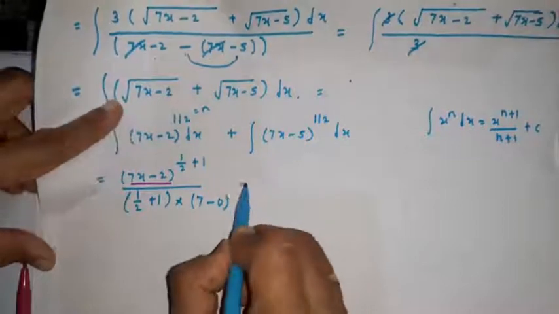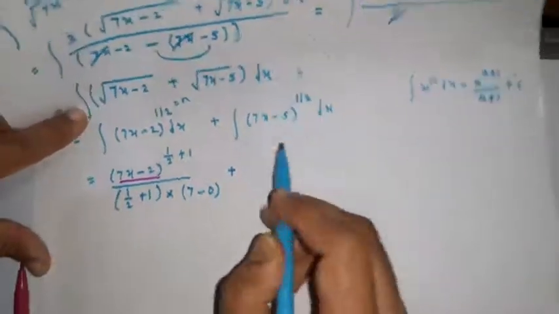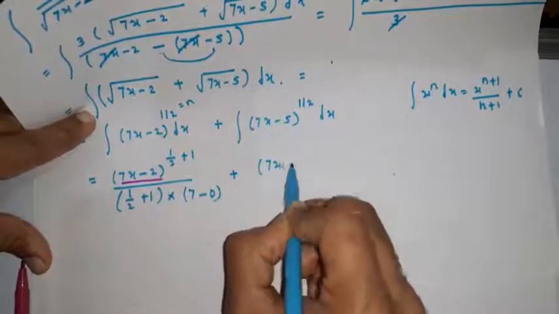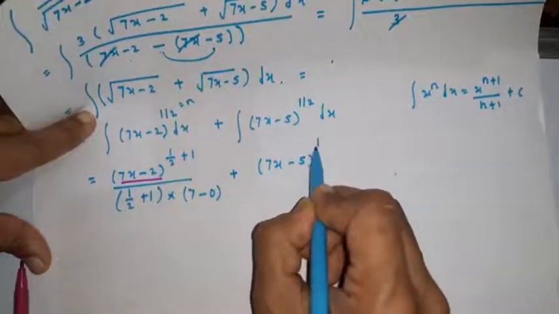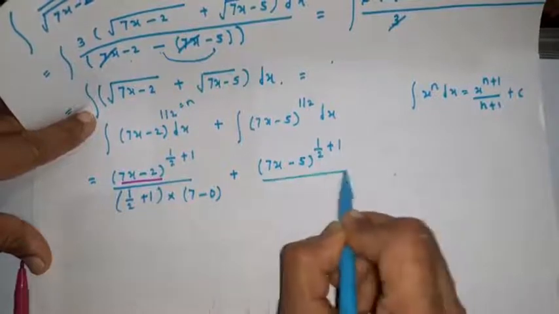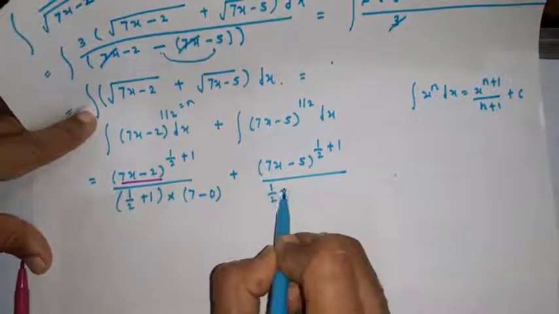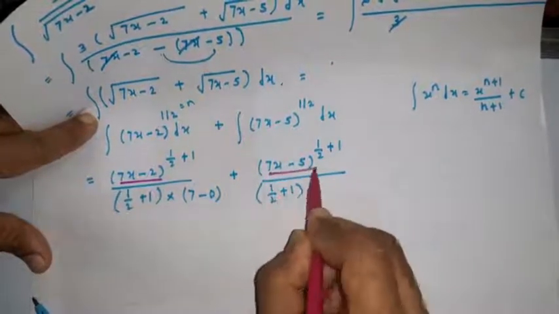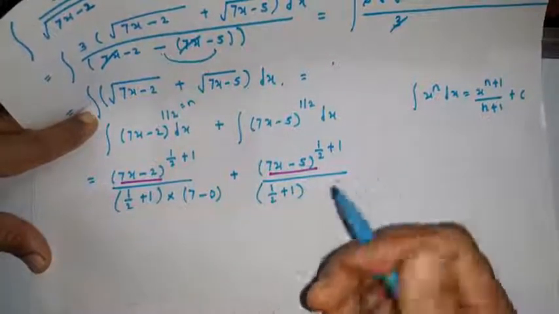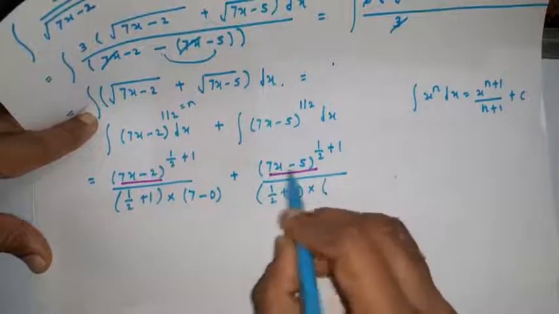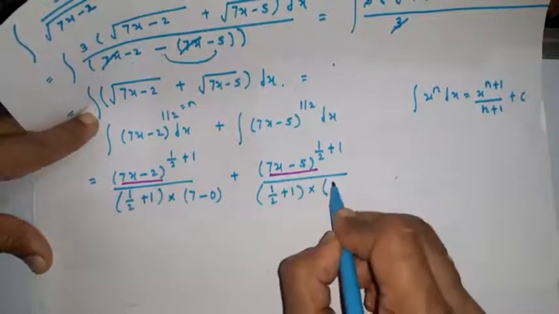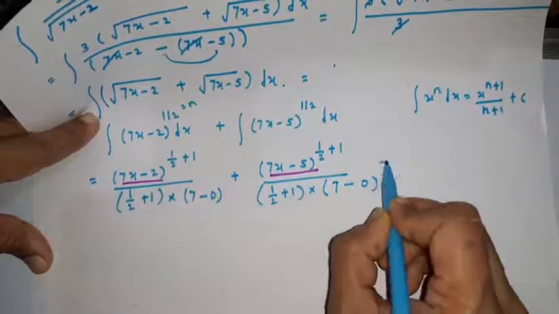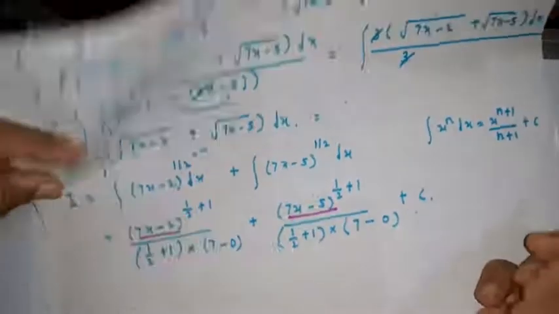Plus similarly here, integration of 7x minus 5 is 7x minus 5 raised to half plus 1 upon half plus 1. And again this 7x minus 5 is a differentiable function. Take its differentiation and write at the denominator. The differentiation of 7x is 7, minus differentiation of 5 is 0, plus constant of integration c.